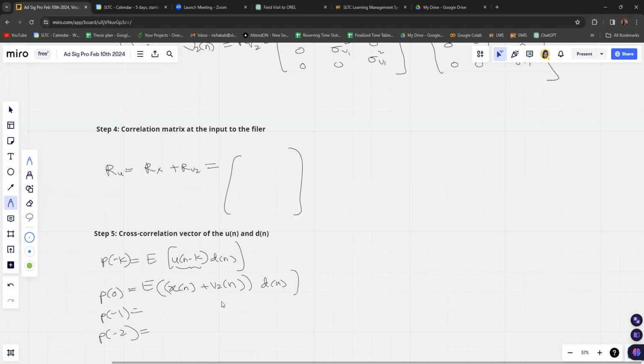We take the multiplication, and this equals the expectation of xn dn plus v2 dn. The expectation of xn dn remains, and the other term becomes 0, because v2 and dn are independent processes.